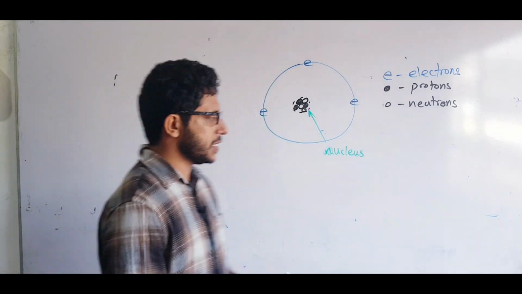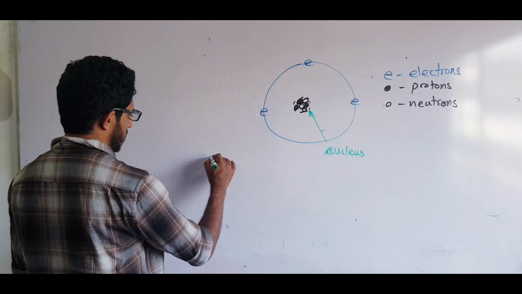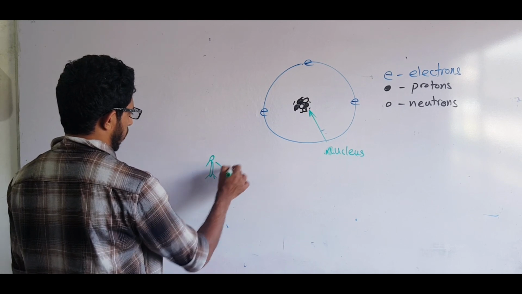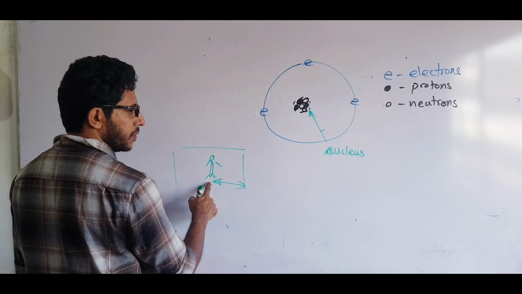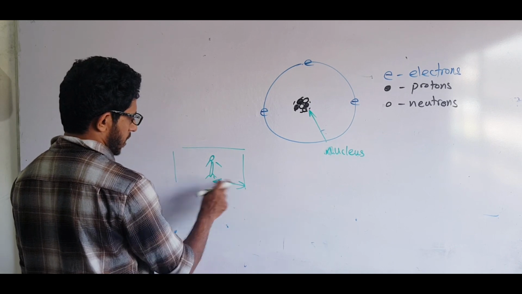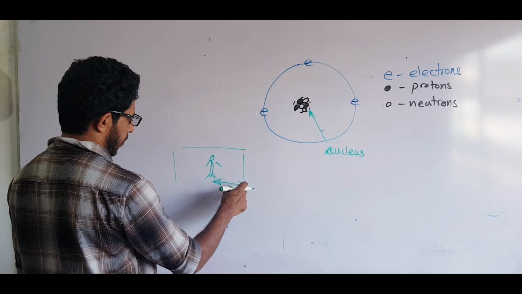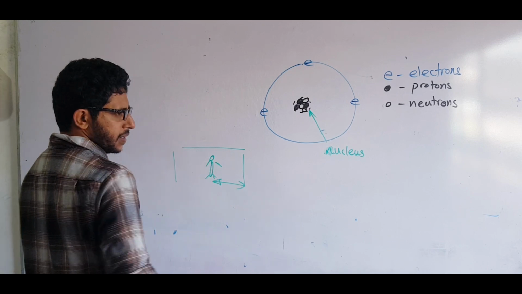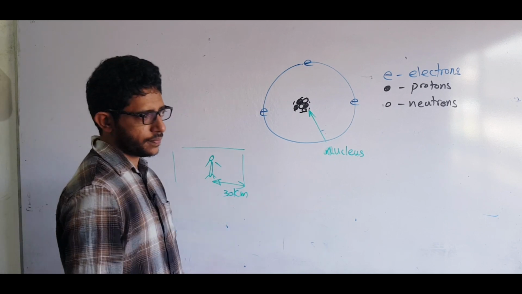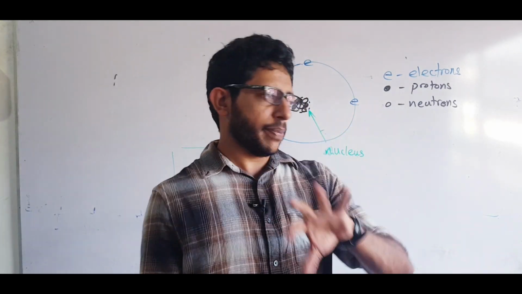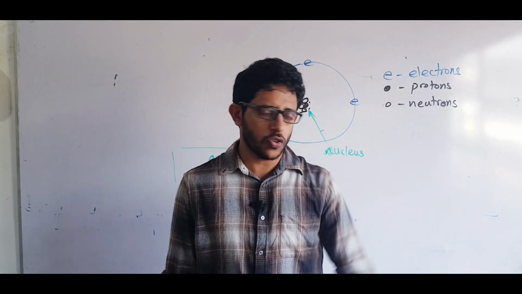One example is, if the nucleus is the goalkeeper of a football goal post, the gap between the one goal post and the goalkeeper is 30 kilometers. Huge. The whole idea is, compared to the size of an atom, the nucleus is so small.